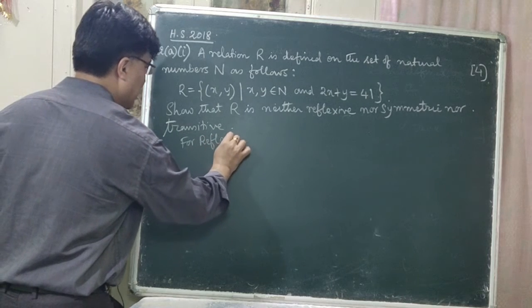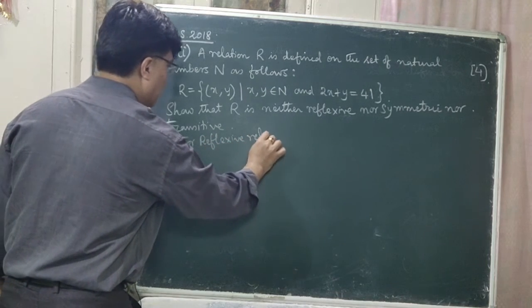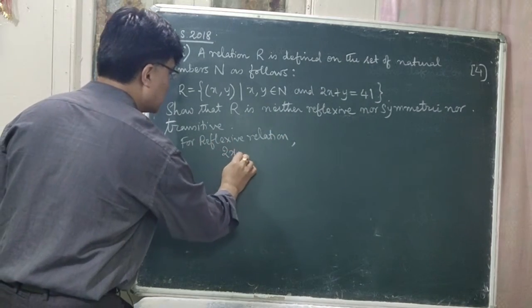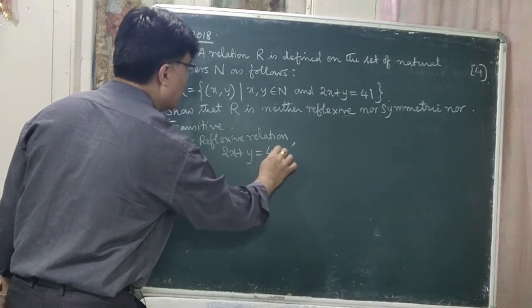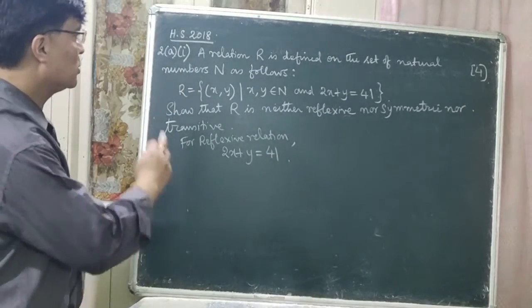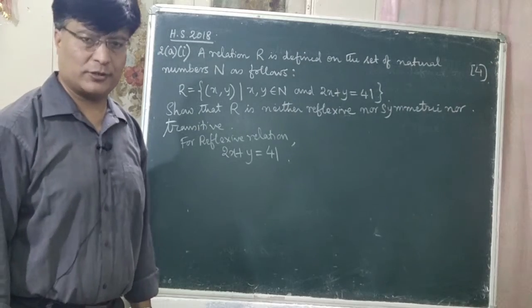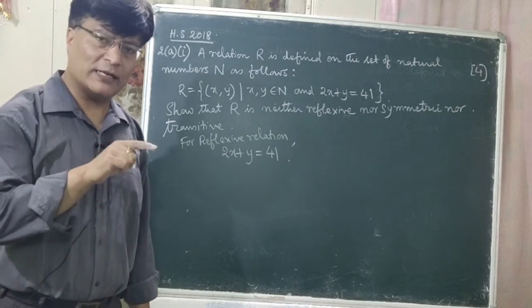For reflexive relation, here the relation is given as 2x plus y is equal to 41. Okay, so here the numbers should belong to the natural numbers. Natural numbers means if 1 is there, 1 comma 1 should be there.